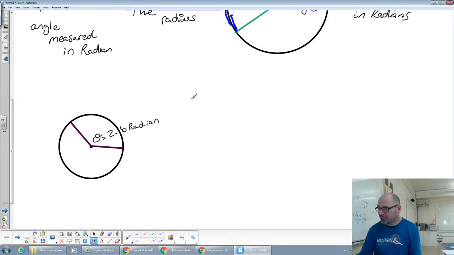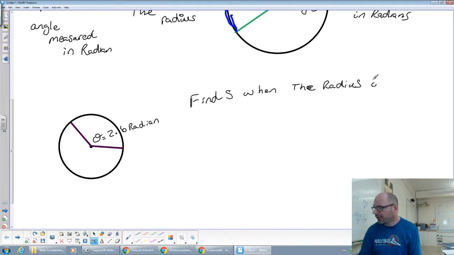Find S when the radius is, let's say, 10 centimeters.